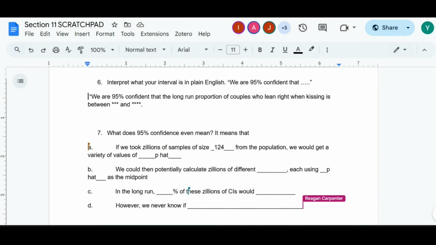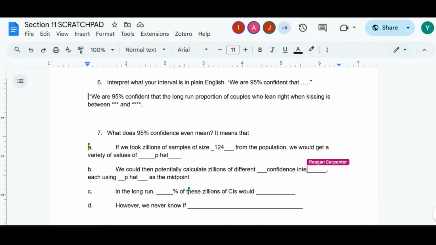Not p-value. So what is the thing that you can generate? Go back to the picture. Remember the picture I drew? What are the zillions of things that you can generate from the zillions of p hats that you get every single day? That's actually the more difficult thing. Each one using p hat as the midpoint. That's very good. What things use p hat as the midpoint?